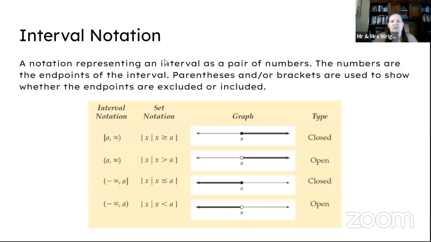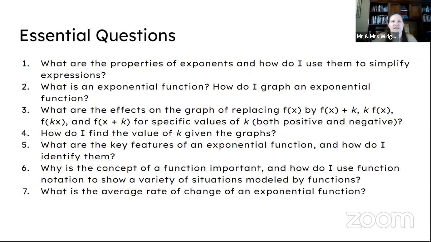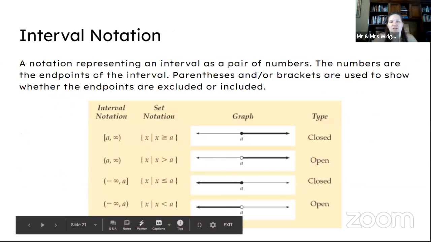So if your graph starts at A and is going to the right, A is going to have the bracket, and then it goes to infinity on the right side. Its end behavior is to infinity. And so you have the parentheses there because you can never include infinity. Now, if you look at one going the other way, let's look at this one at the bottom.